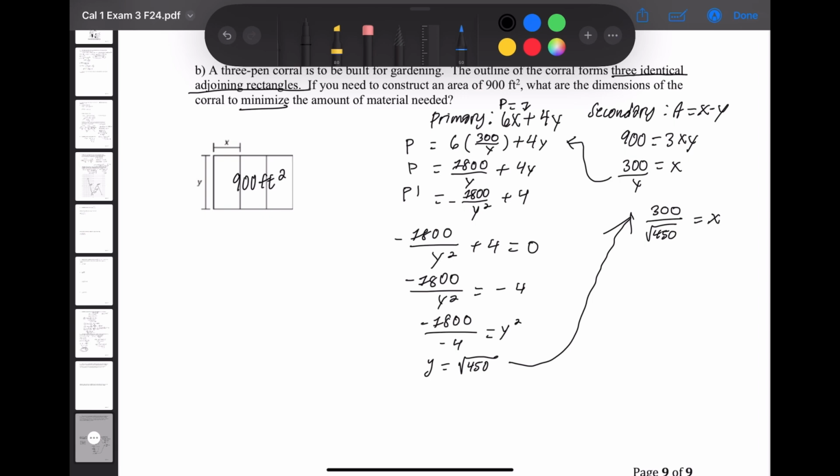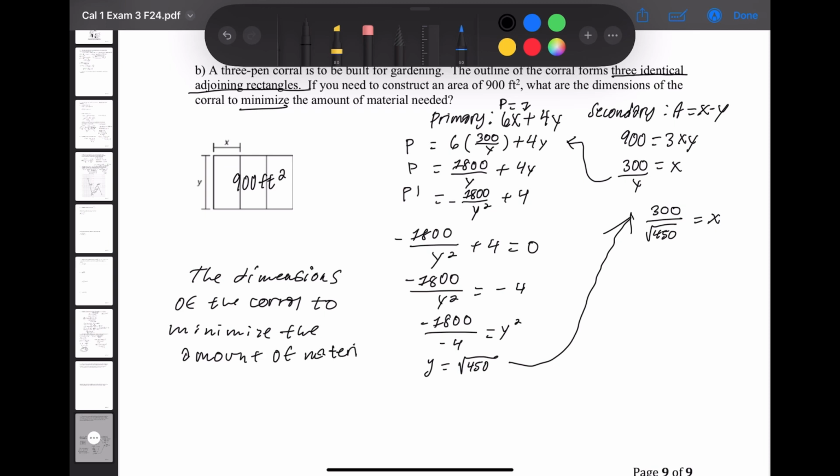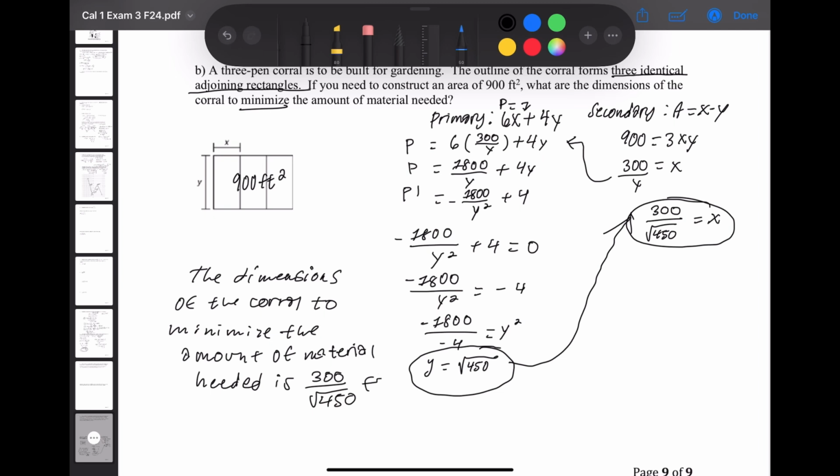So you can go ahead and say the dimensions of the corral to minimize the amount of material needed is this one, and this one is 300 over 450 feet by 450 feet. Thank you.